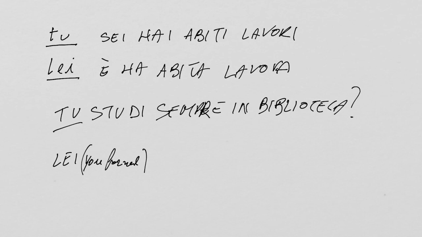So instead of studi it will be studia, and the rest is exactly the same. Do you study in the library? Lei studia in biblioteca. This is a formal way to ask exactly the same question.